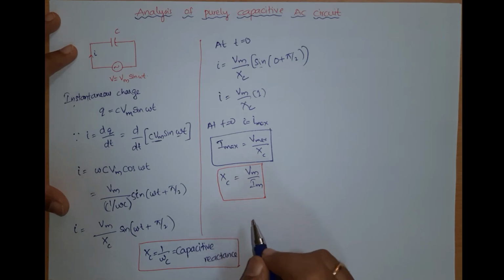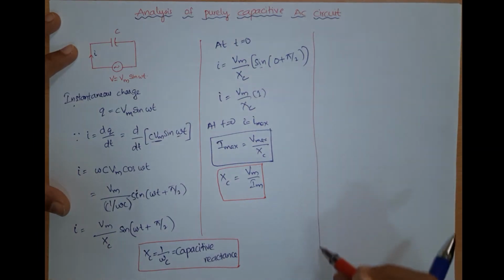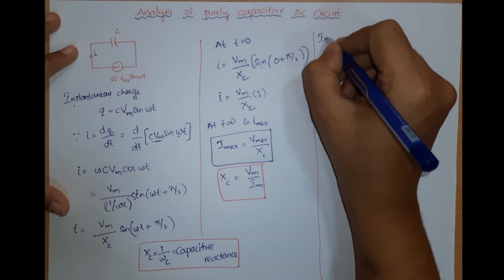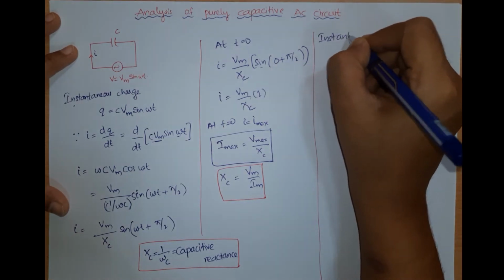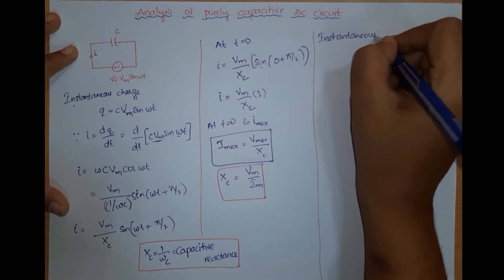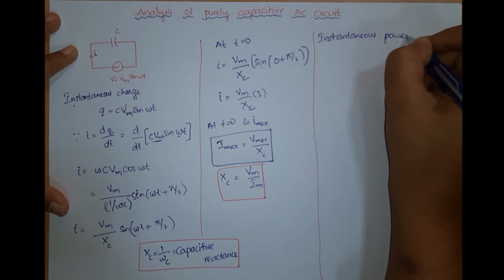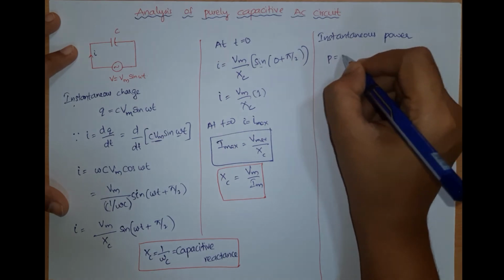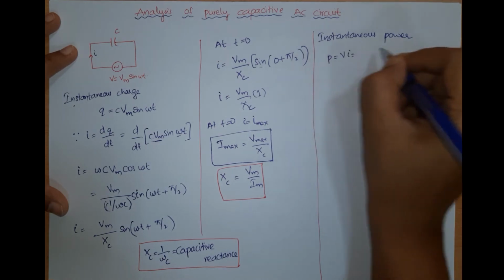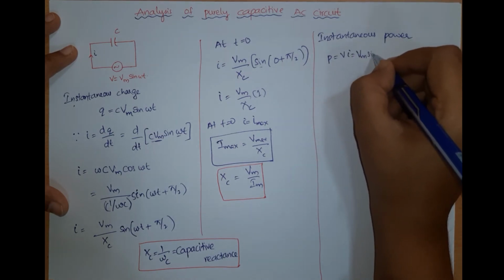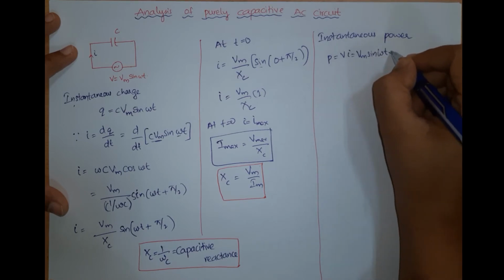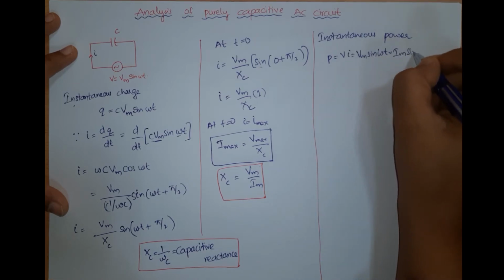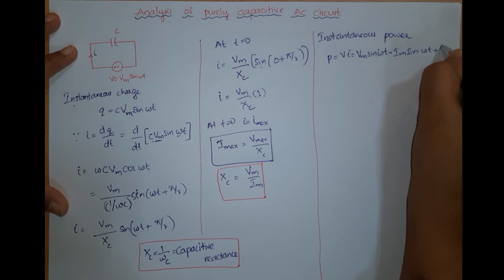Now let us look at different parameters, as we have found for purely resistive and inductive AC circuits. How did we find the instantaneous power? Small p is equal to V into I, that is Vm sin omega t into Im sin of omega t plus pi by 2.